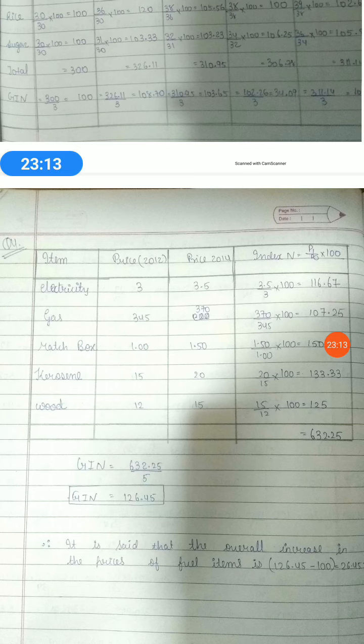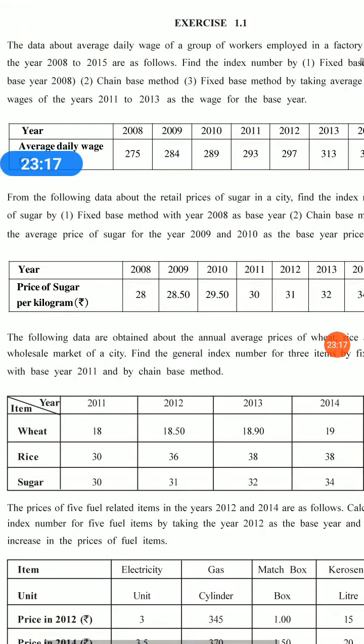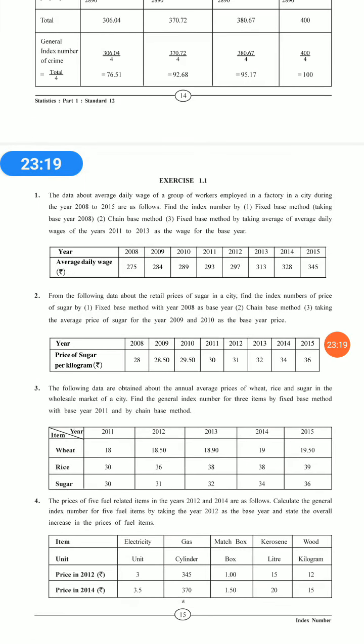Let's go to question number 4. The next question is: the prices of 5 fuel items in the years 2012 and 2014 are as follows. It means the price for the years 2012 and 2014 is given.